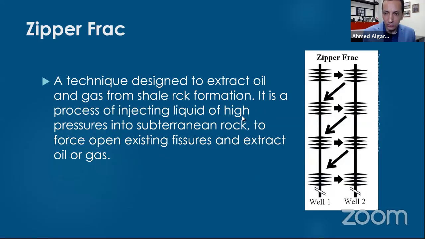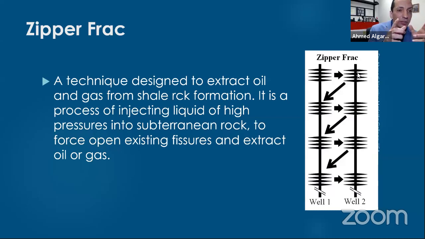Look at this figure. First, at that time, we knew almost nothing about complexity or complex fracture networks. If you look at that first stage here, and the next stage in well 2, they are communicating together. The first stage in well 1 and the first stage in well 2 are communicating and increasing the complexity, increasing the pathways inside the formation.